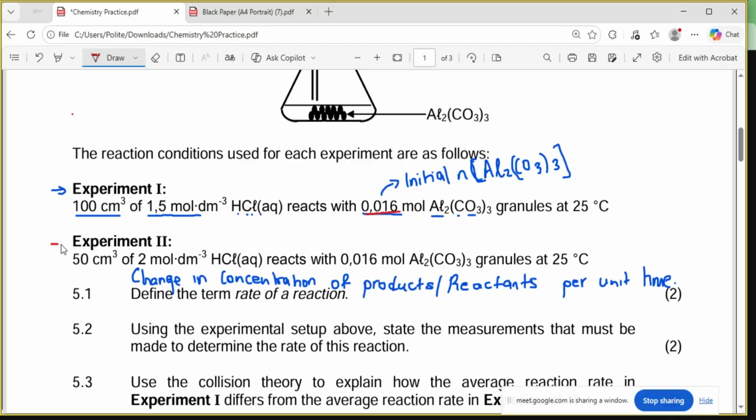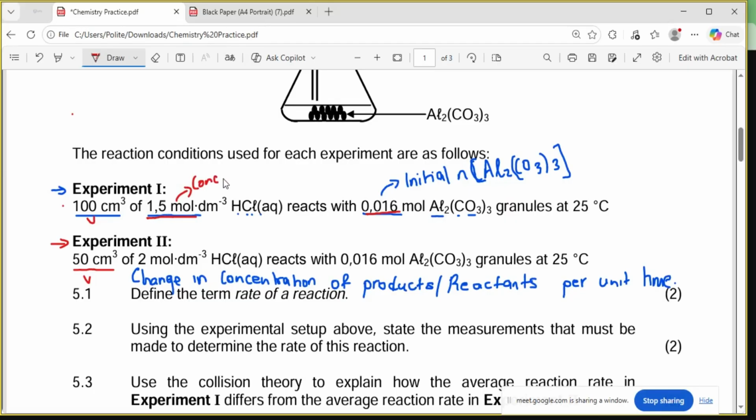And then experiment 2, this is another experiment. We have 50 centimeter cube. This is the volume for the first experiment, and this is the volume for the second experiment. So the difference is that this one is 100, that one is 50. The first one has the concentration of 1.5 mole per decimeter cube.